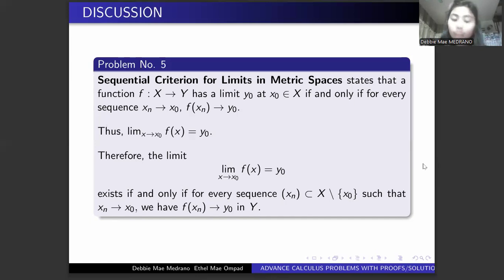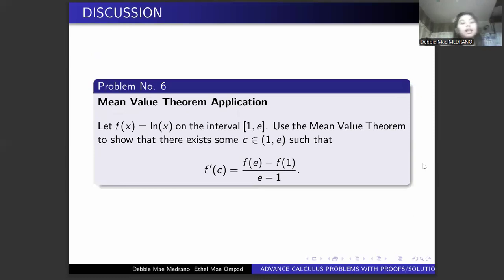Thus, the limit of f(x) as x approaches x_0 is equal to y_0. Therefore, the limit of f(x) as x approaches x_0 is equal to y_0 if and only if for every sequence x_n in X minus x_0 such that x_n approaches x_0, we have f(x_n) approaching y_0 in Y. So yes.